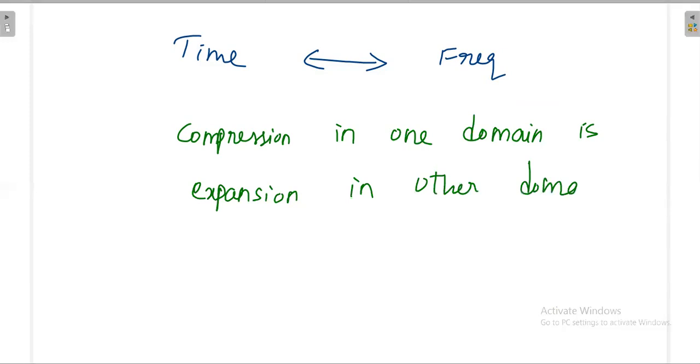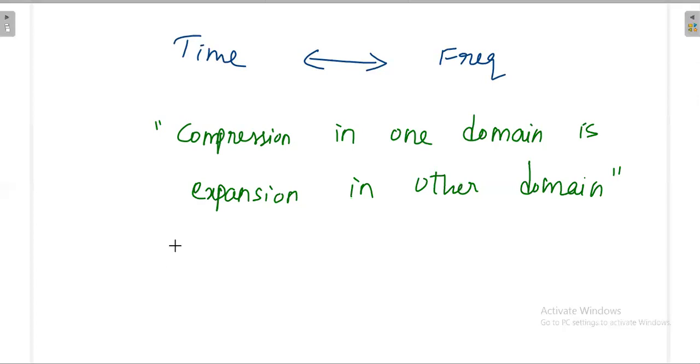That means if you compress a signal in the time domain, it will have more frequency content in the frequency domain. Similarly, if you compress in the frequency domain, it will have more extent in the time domain. That's why compression in one domain is expansion in the other domain.